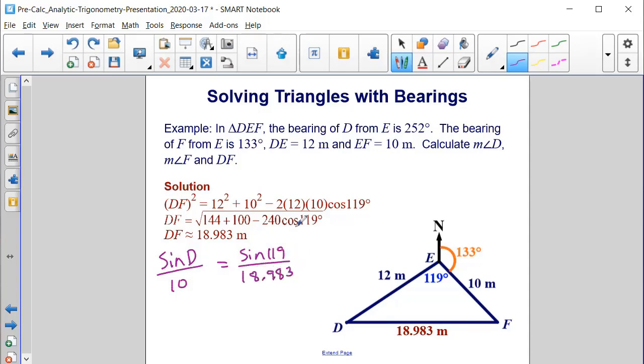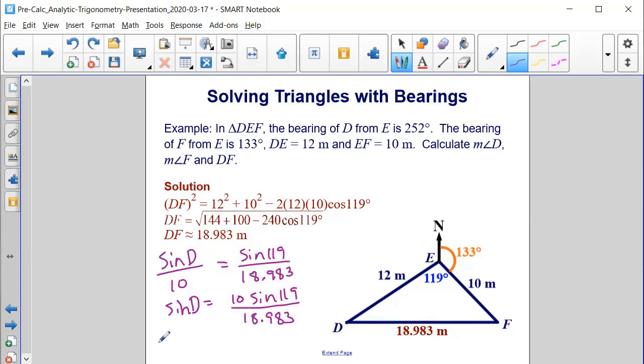18.983. And then if I cross multiply and divide, I will have that the sine of D is equal to 10 sine of 119 divided by 18.983.